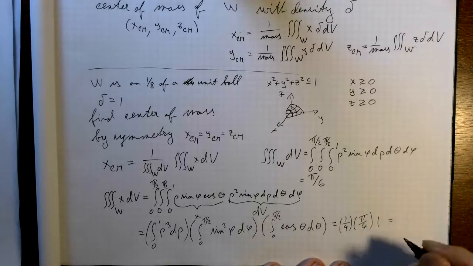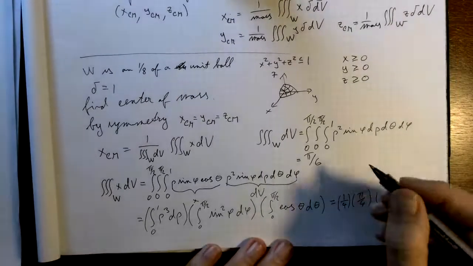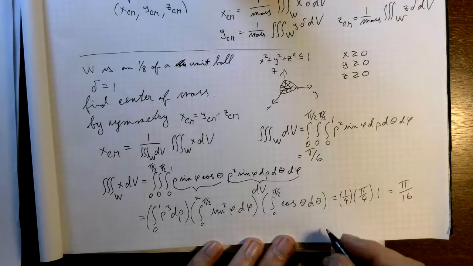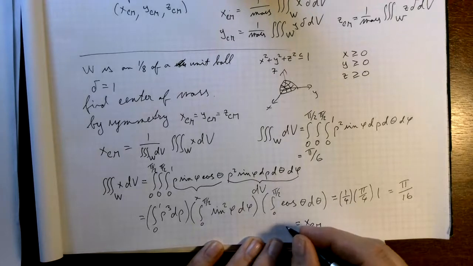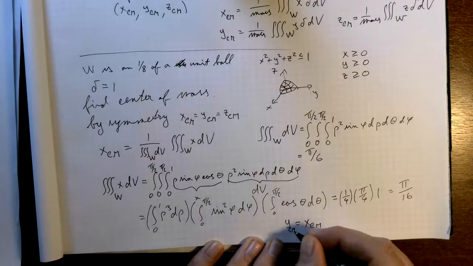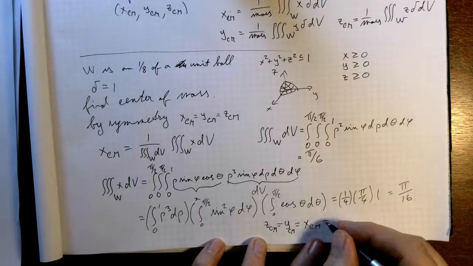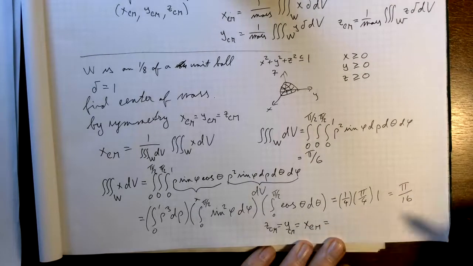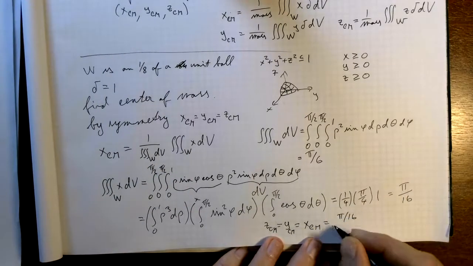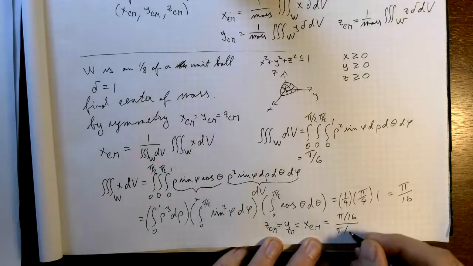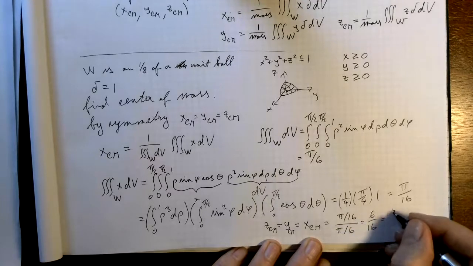So this is pi over 16. So what is my xcm, and the ycm and the zcm? Well, I have this integral, pi over 16, divided by pi over 6, so it's 6/16, or 3/8.